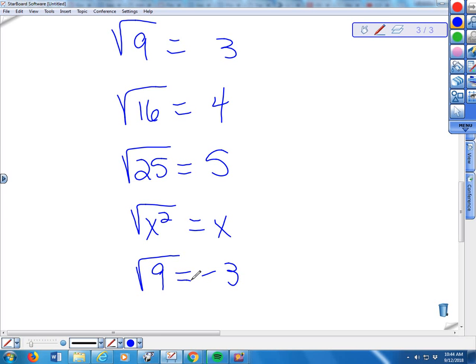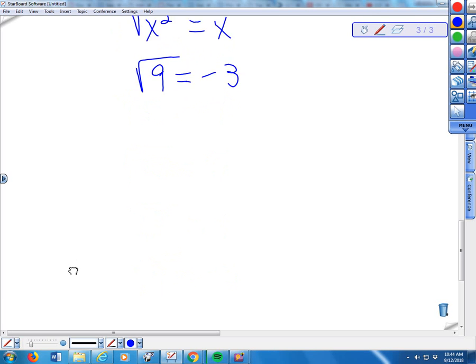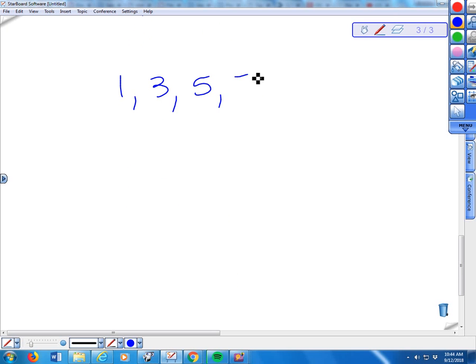Okay? The other piece in this lesson had to do with arithmetic series. What's the pattern here? Well, they're all odds.